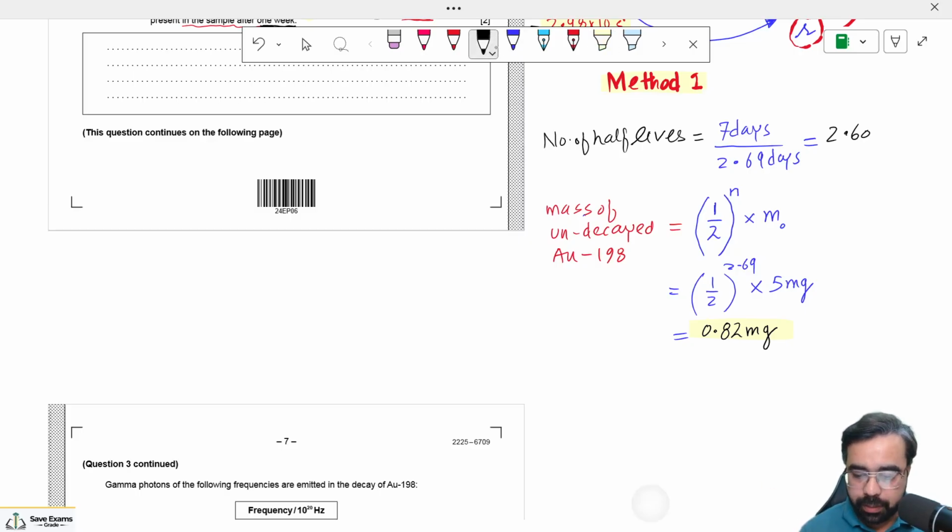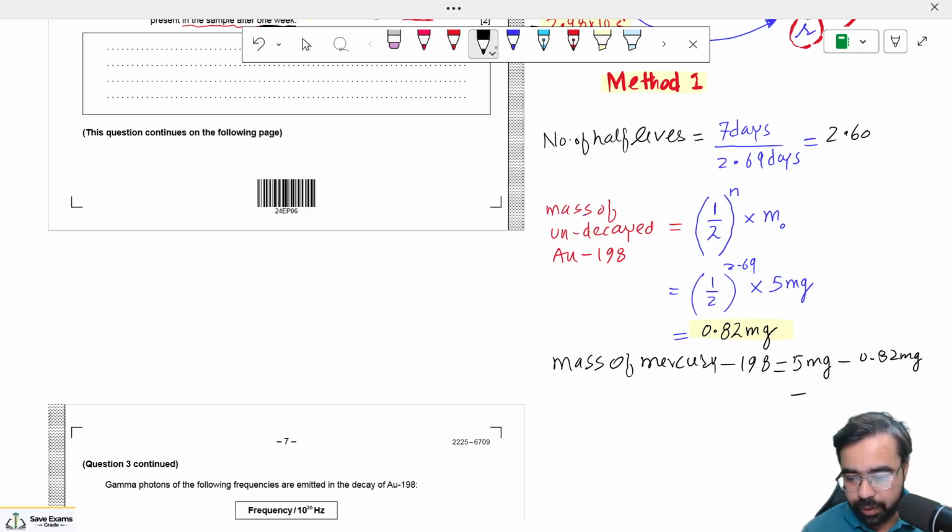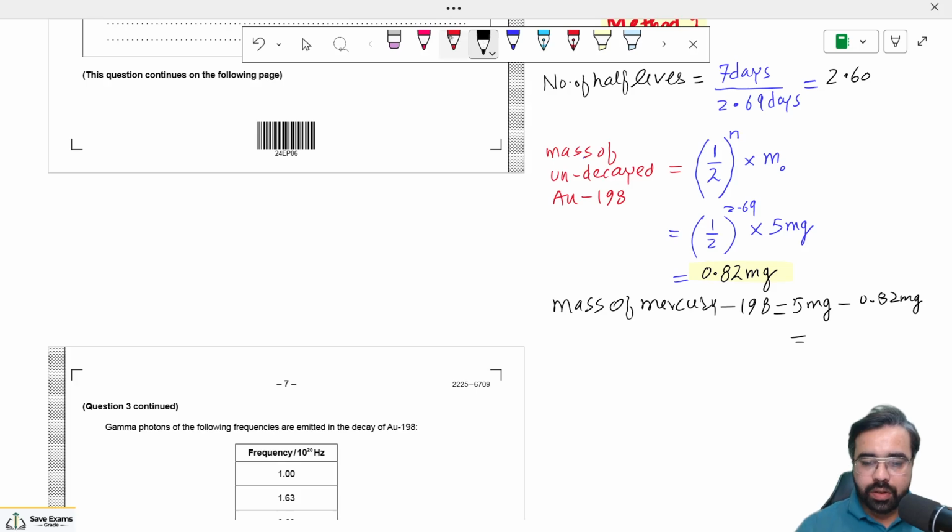So the mass of mercury-198 is 5 milligrams minus 0.82 milligram, which is approximately 4.2 milligrams.